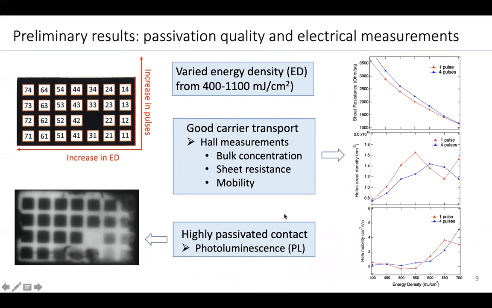The other one is highly passivated contacts, which can be achieved through photoluminescence, or PL, which is shown on the left. The goal is to get a window where we see bright PL, which means good passivation, and also achieve a carrier concentration on the order of 10 to the 20th. We can see here that we've accomplished the first goal to some extent, but the second still requires some future work.